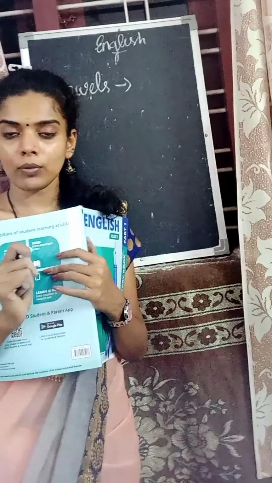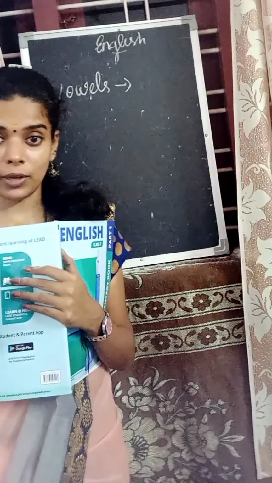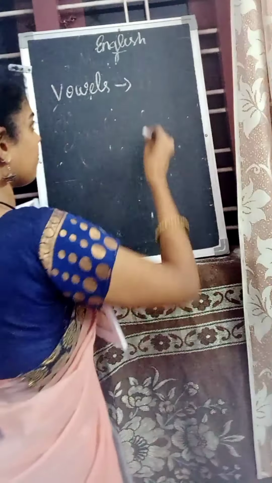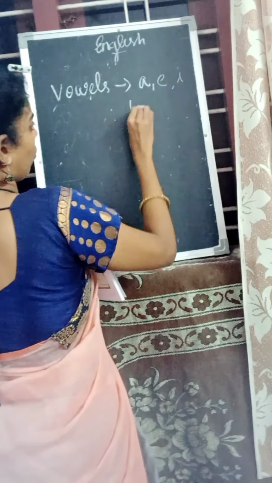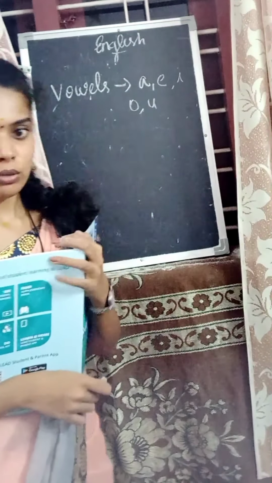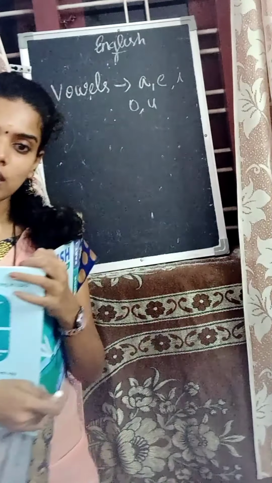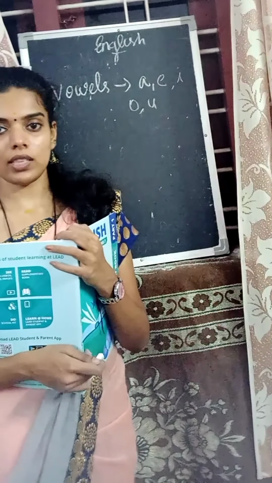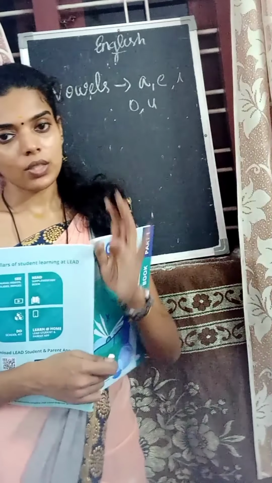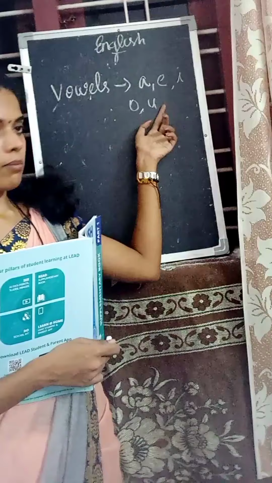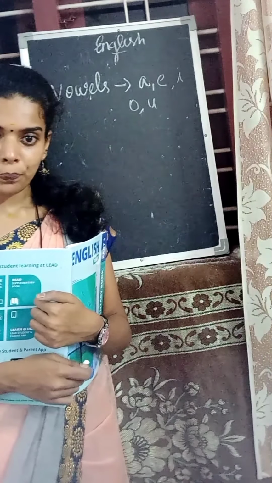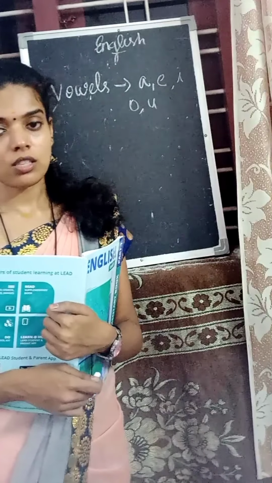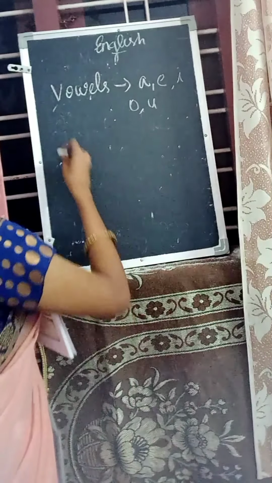How many letters are there in vowels? 5. A, E, I, O, U. These 5 letters are known as vowel letters. How many letters are there in the English alphabet? There are 26 letters. So these 5 come under vowels. The remaining 21 come under which form? They are known as consonants.